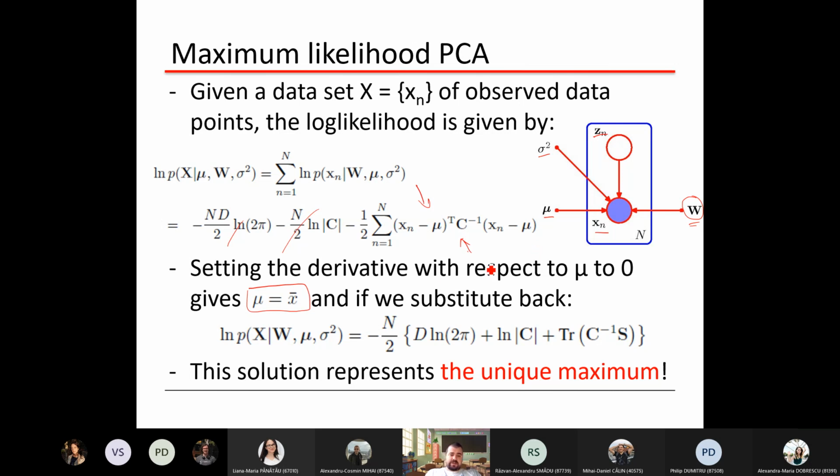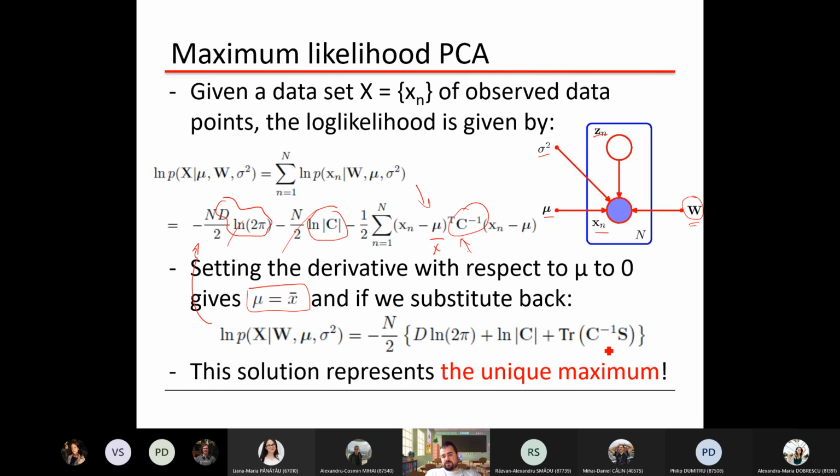Once we substitute back in this formula here, we will get a simplified version of this likelihood: minus N over 2, D multiplied with the logarithm of 2 pi plus the logarithm of the determinant of C plus the trace of C to the minus 1 multiplied with S. Since mu is the mean, it means that we have the covariance matrix S in here, multiplied with C to the minus 1.